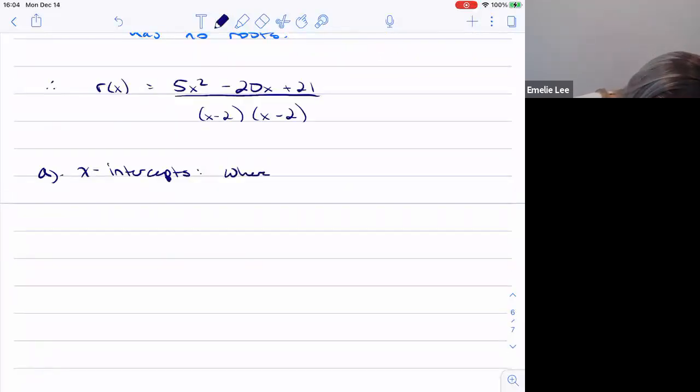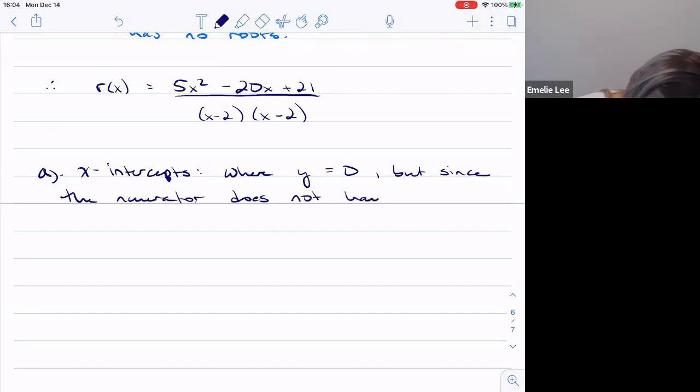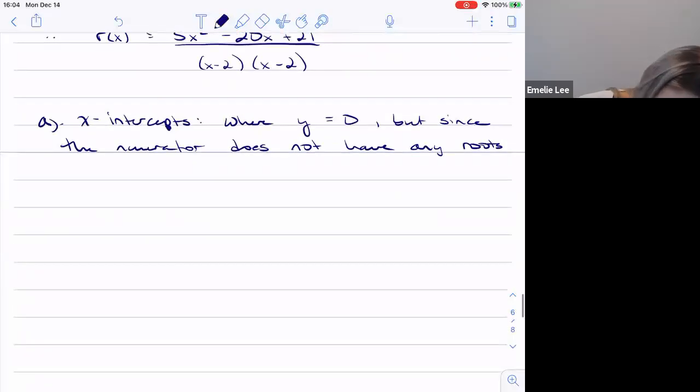So this is where y equals 0, but since the numerator does not have any roots, we say the x-intercepts do not exist.